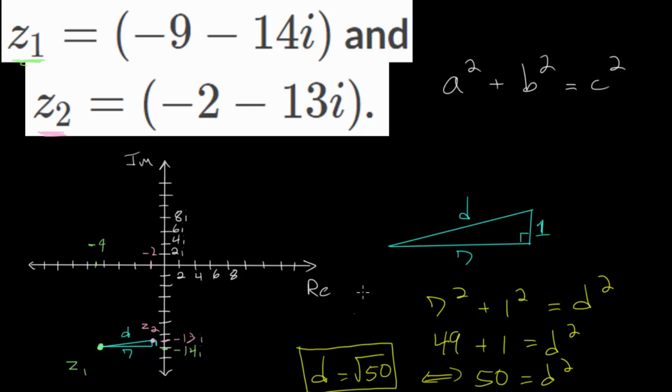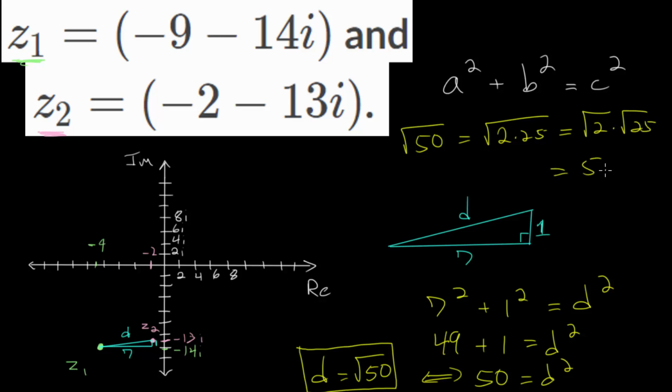And we could actually simplify this further, since root 50 can be split up into the square root of 2 times 25. And if we separate this product into their own square roots multiplied together, we can actually take a square root of 25, that's just 5. So root 50 is 5 times the square root of 2. So this right here would be our fully simplified final answer.